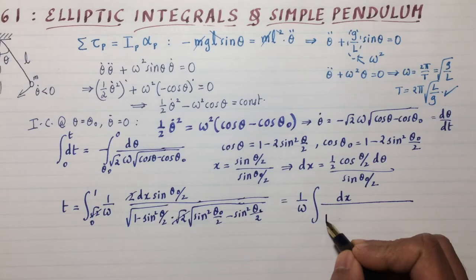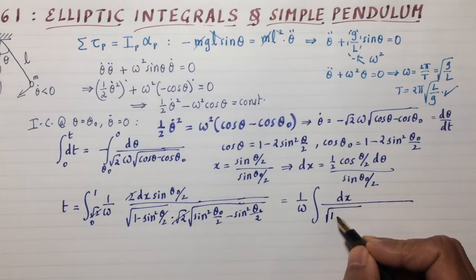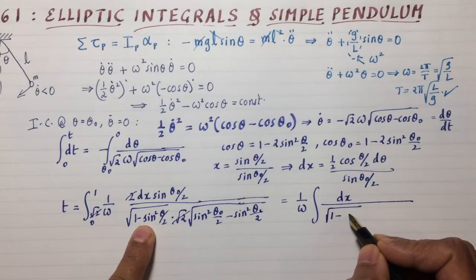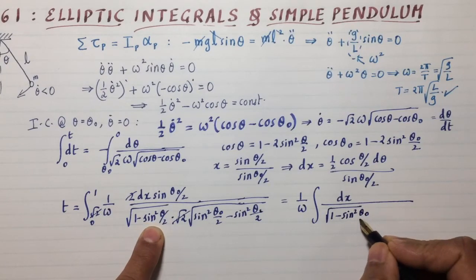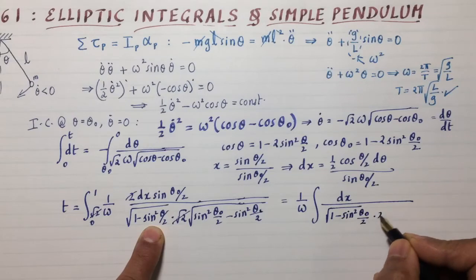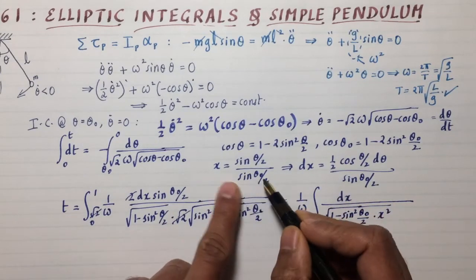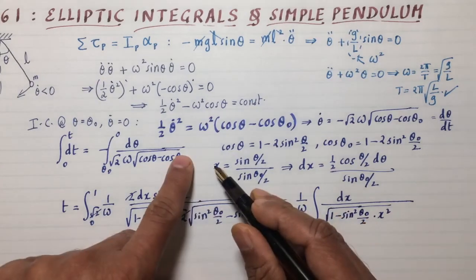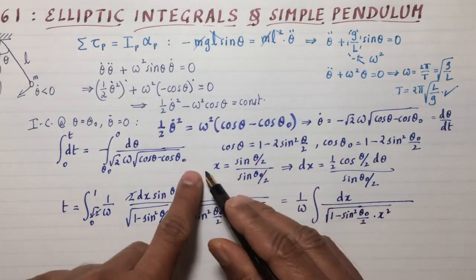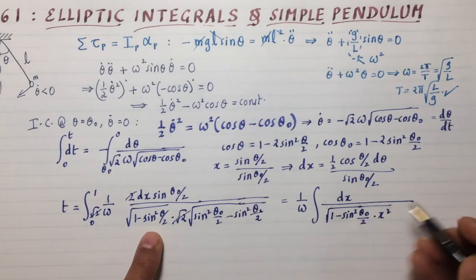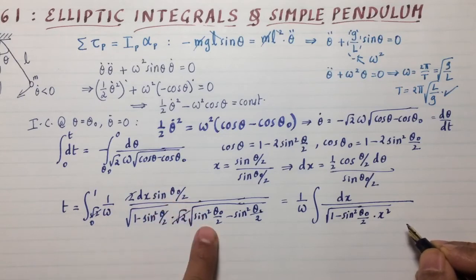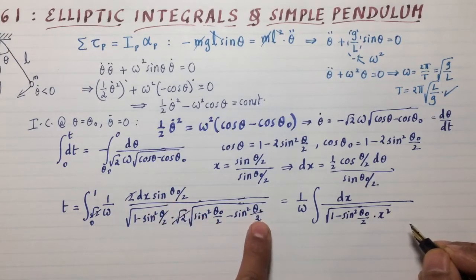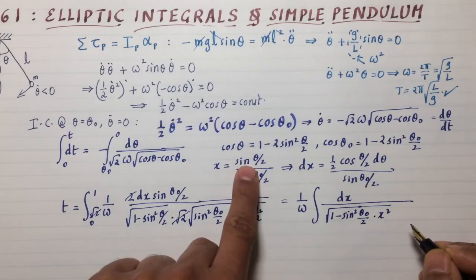So if I do that, I get square root of 1 minus sine squared theta naught over 2 times x squared, because I'm writing sine theta over 2 as x times sine theta naught over 2. And here, the process I just explained: I take out the sine squared theta naught over 2 to cancel it with the numerator, and then I get 1 minus sine squared theta over 2 divided by sine squared theta naught over 2, which is just x squared.